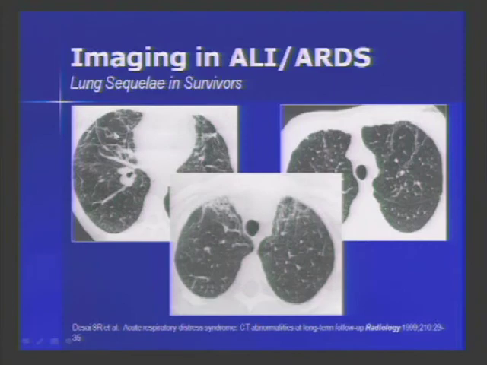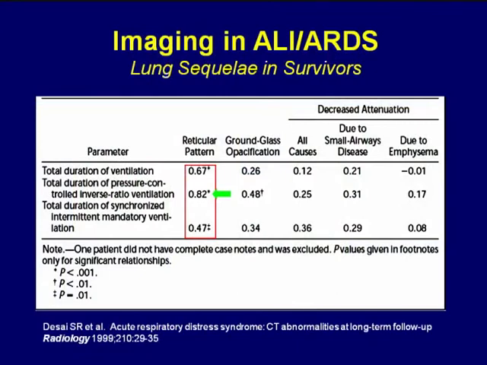So we've got reticulation, areas of ground glass opacification, also some tractional dilatation of airways, indicating that this may be fibrosis that is being laid down, and it's in the non-dependent lung because this is unprotected lung during the acute phase. And fibrosis is part and parcel of ARDS.